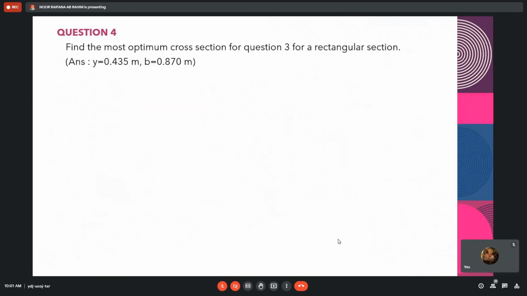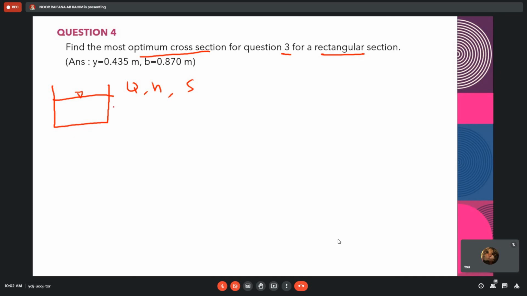Okay, so next, so sebab saya pun mengejar masa dan habis. Okay, so for question 4, okay, refer to previous question. Find the most optimum cross section for question 3 for rectangular section. So for this question, sama syarat dia, Q yang sama, N yang sama, S yang sama. Tapi sekarang bentuk dia dah jadi rectangular.